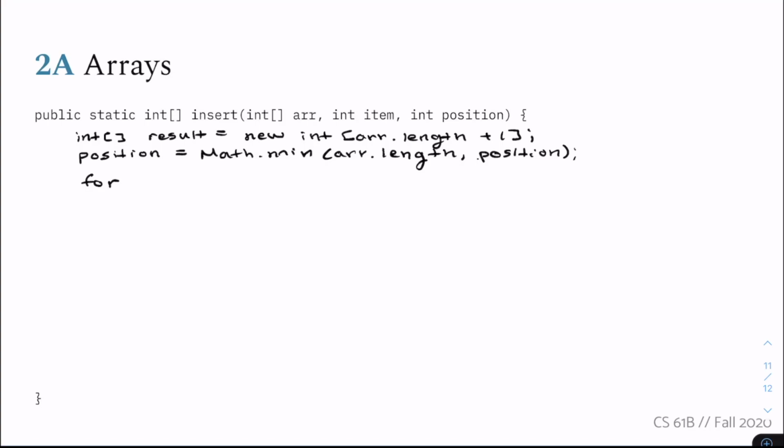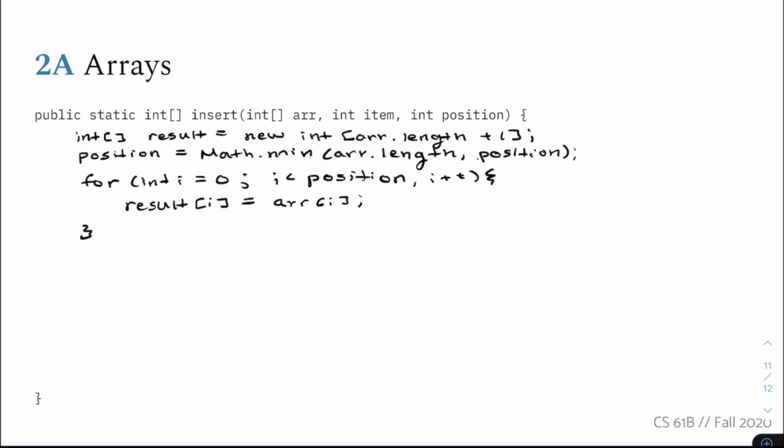So we can just go for int i equals 0, i is less than position, i plus plus, and then result[i] equals r[i]. Now we know that at the position, our result[position] is going to be equal to item.